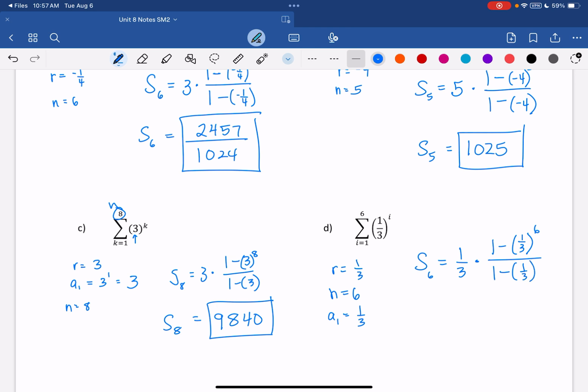Clean all that up. I would do the top calculation, get that number, do the bottom calculation, get that number, times it by 1/3. We get 364 over 729. Good luck.